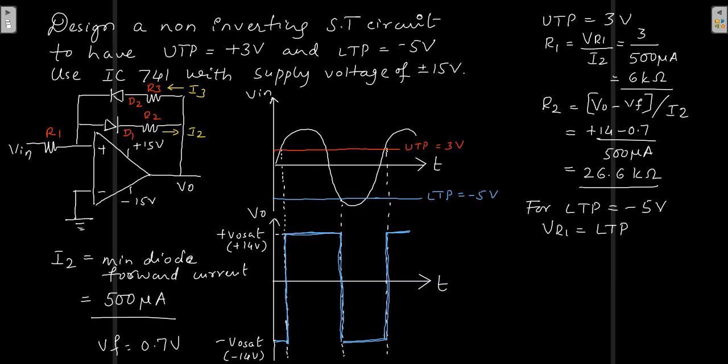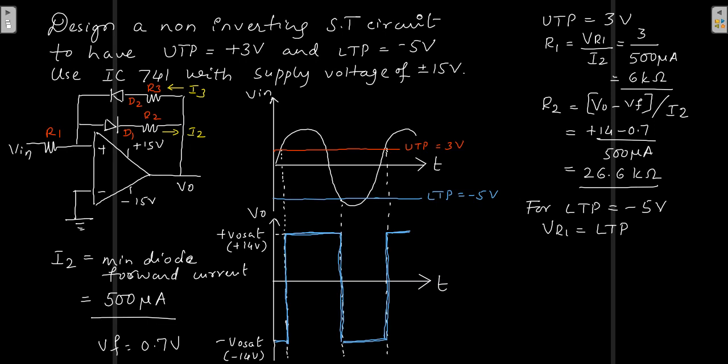Now your VR1 has to get changed. So how would you change the VR1 value? It is only by virtue of I3, correct or not? In the earlier case, VR1 was obtained by virtue of I2. Now your VR1 has to be obtained by virtue of I3. That is the only way you change the value of VR1.